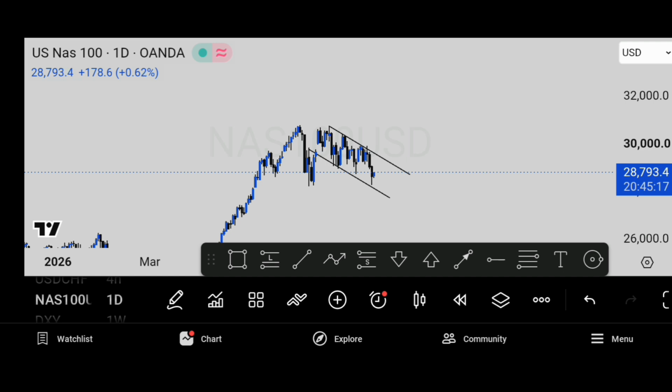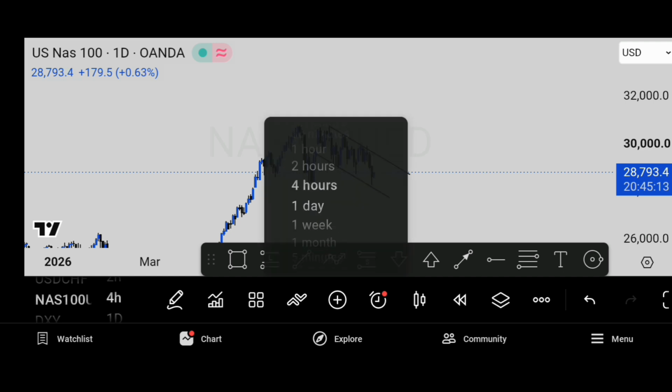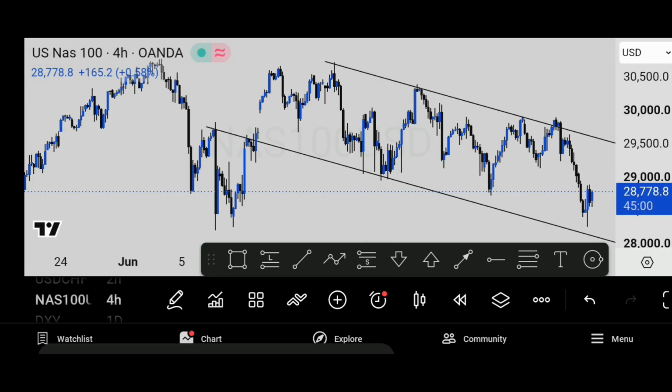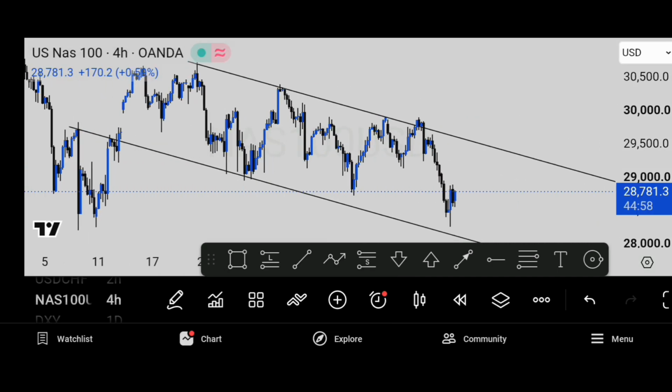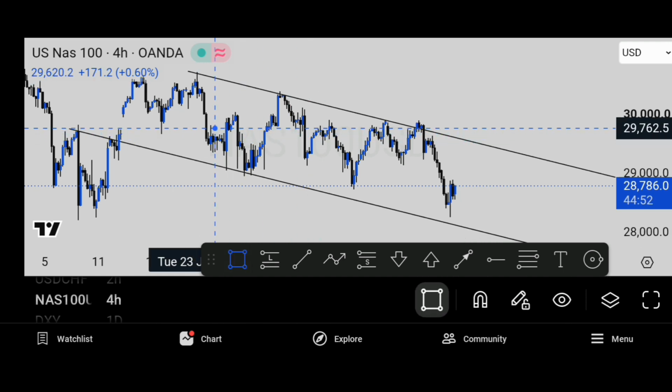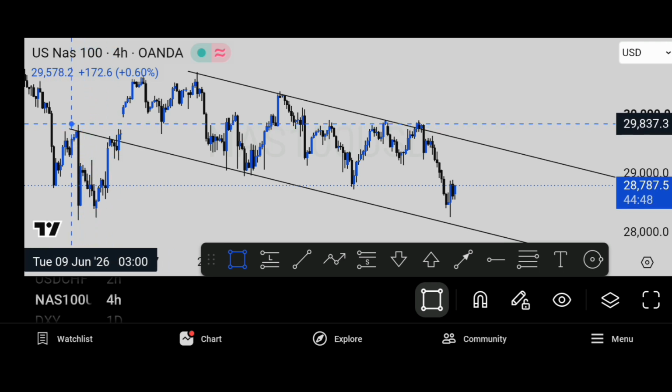So I saw that we have this downtrend, and then on the 4-hour time frame, this is what I had. It's just a PT that I didn't even screenshot. For the first time ever, I didn't take any screenshot. I don't know how, but it happened, right?